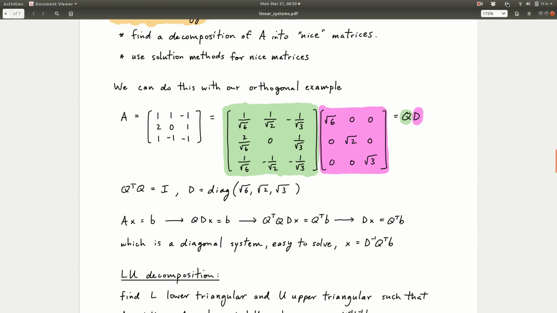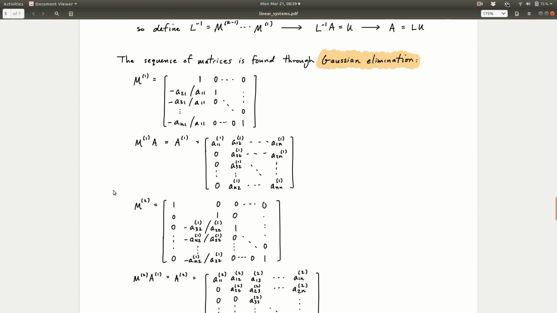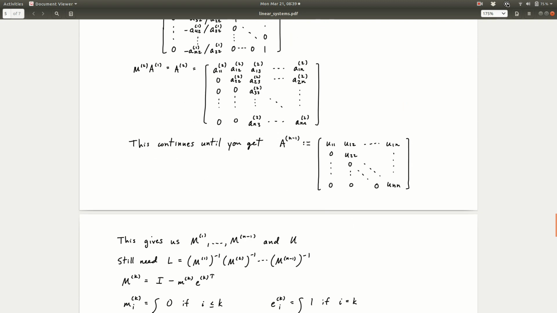Let me just remind you what that looks like. We're skipping ahead, but I just want to show you. So this is an upper triangular matrix. So imagine multiplying this by a vector x, setting it equal to another vector b. You're going to get UNN times XN equals BN. And therefore, you can rearrange and figure out what XN is.